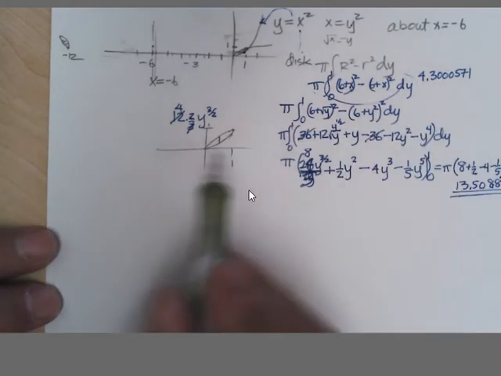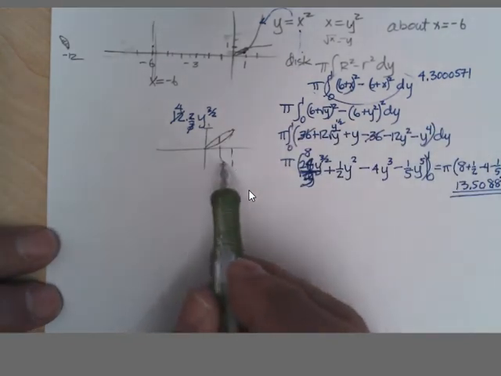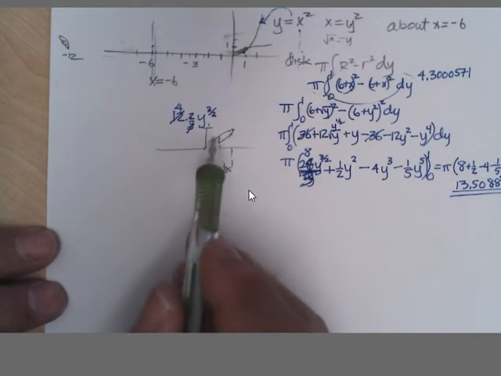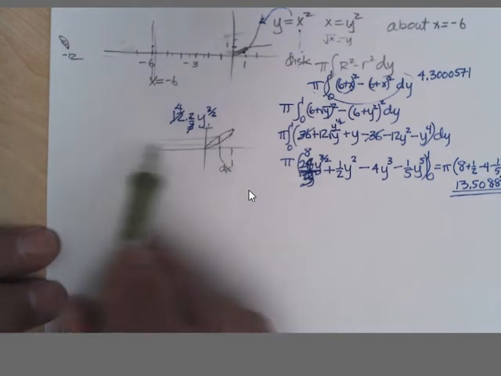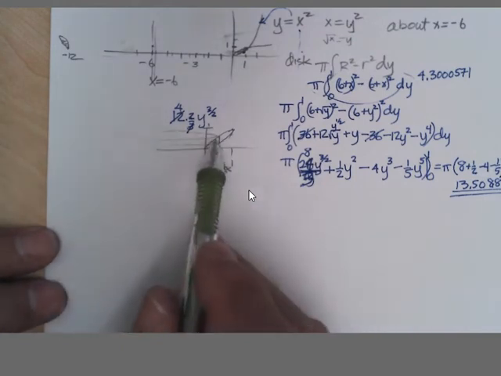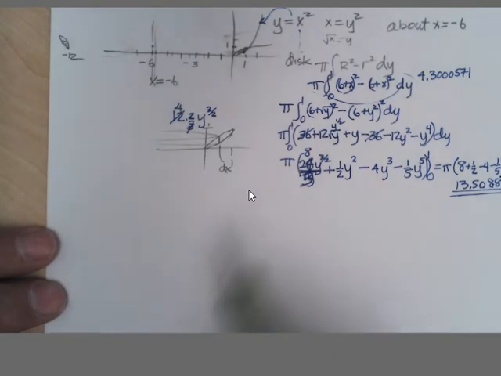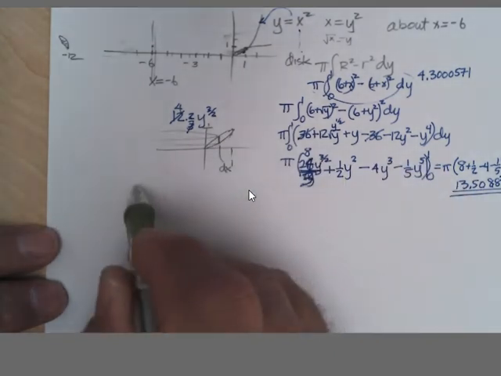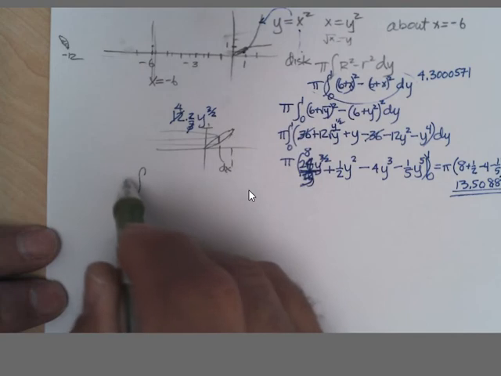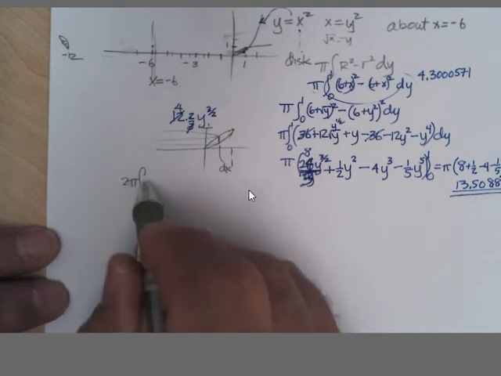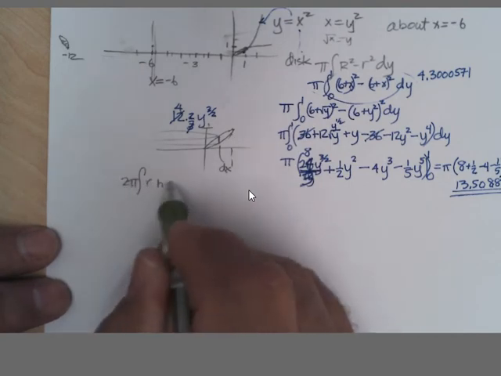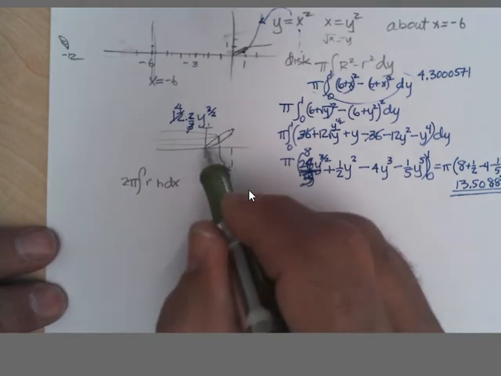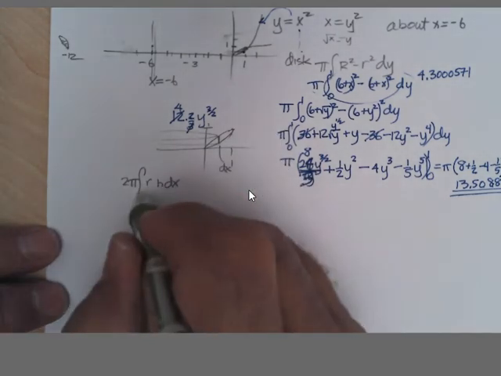The thickness would be dx, because its thickness is this way. It's going to go clear around and come back like that. Its height would be this. So if I'm doing the ring method, integral 2 pi r h dx, and the x is going to go from 0 to 1.